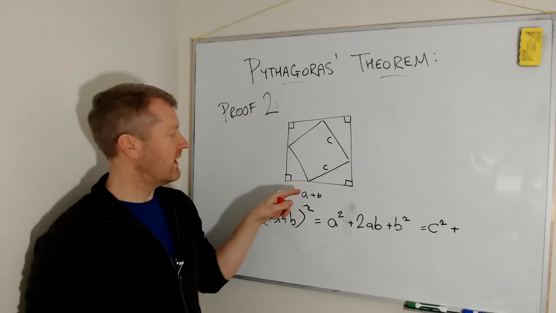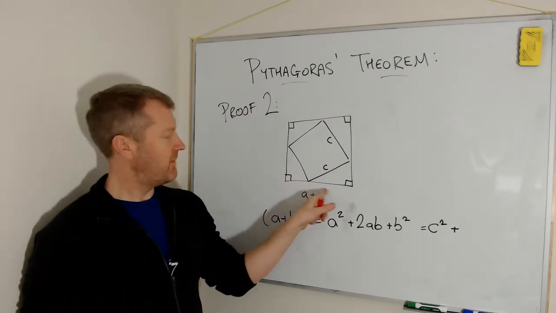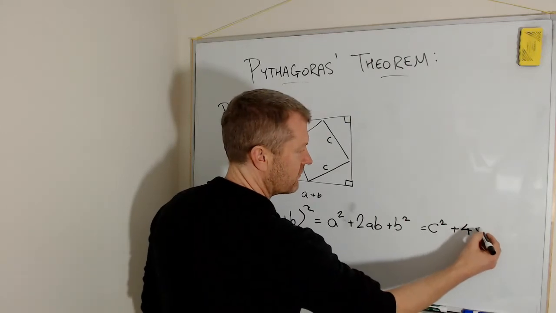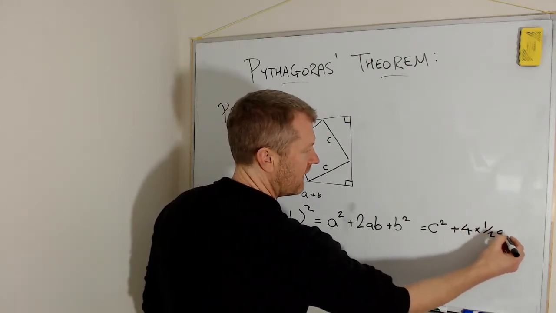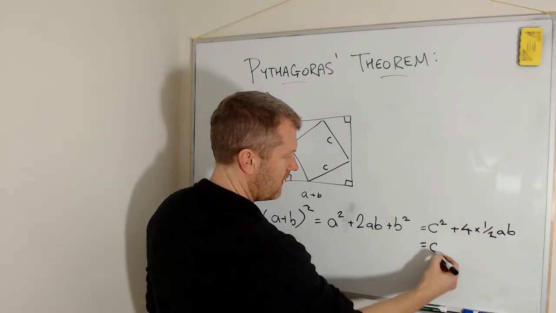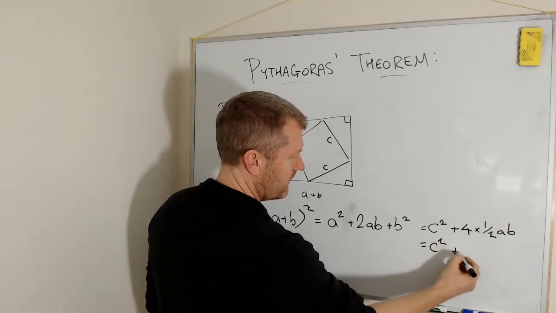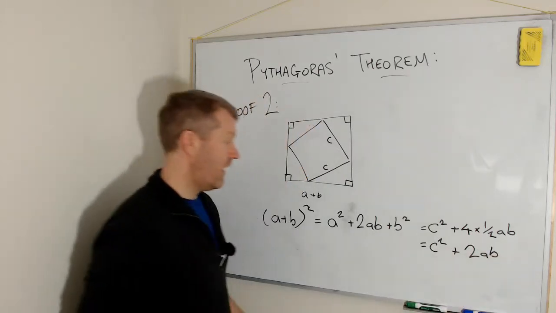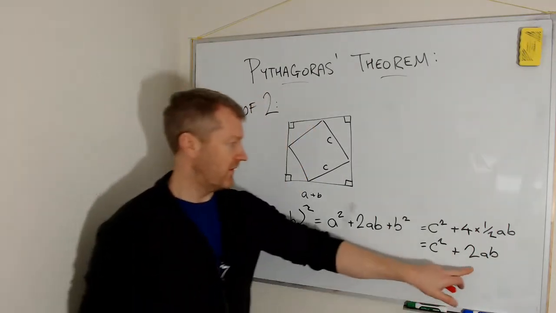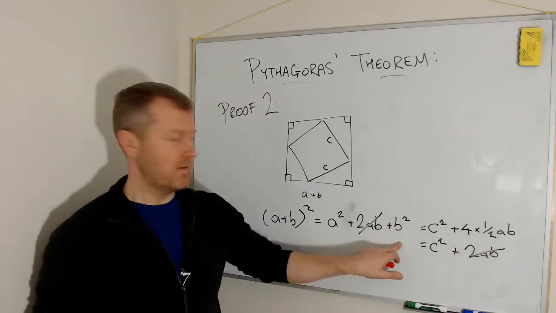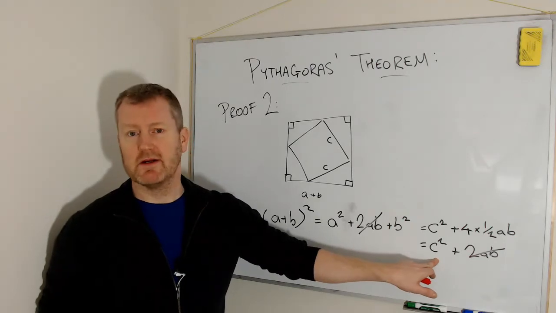Now the area of a triangle is half the base times height. The base is a, the height is b, so it's 4 times, because there's 4 triangles, half ab. Now we can just tidy it up a little bit. 4 times half is 2, and then you can see we can cancel 2ab from both sides here to be left with a squared plus b squared equals c squared.